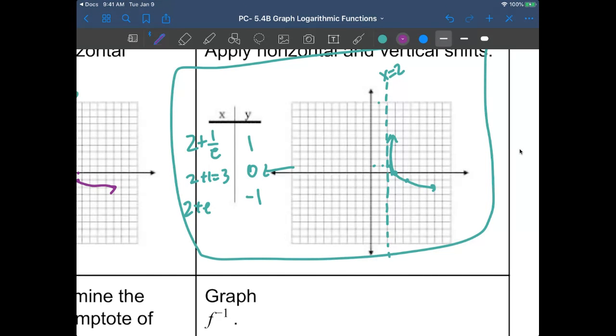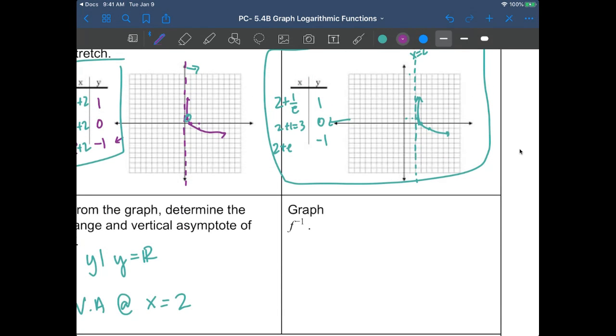So the inverse, I'm going to make the table for the inverse down here. X and f inverse would be: take my y's, and they're going to become my x's. So 1, 0, negative 1. Take my x's, and they become my y's. So 2 plus 1 over e, 3, and 2 plus e.